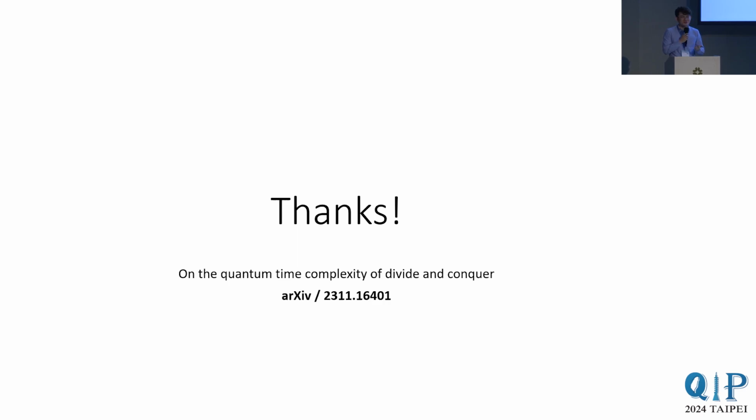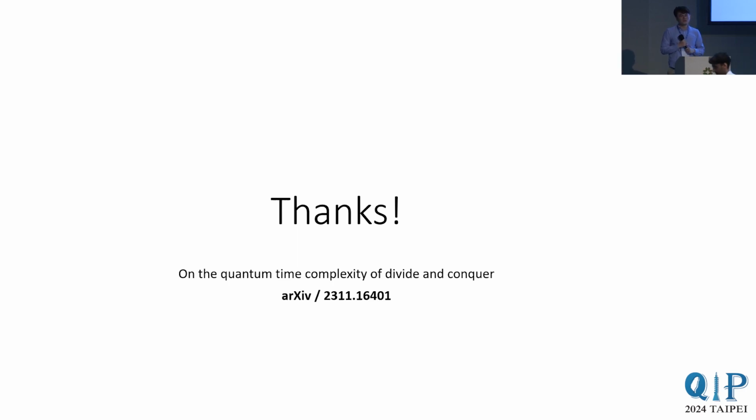For example, you have to control the errors. For the bottom-up approach, we use a two-layer quantum maximum finding, so we need to control the errors here. If you have more than two layers, or maybe some constant or polylogarithmic number of layers, then maybe you have a lower speedup. Thank you.